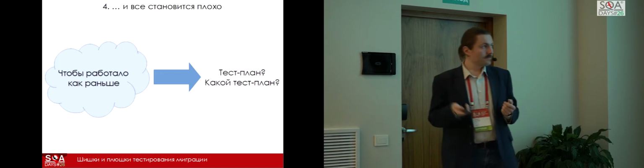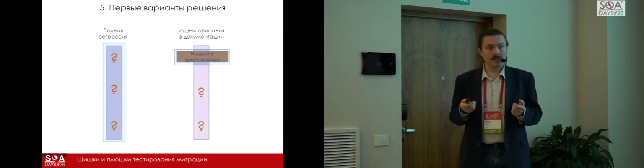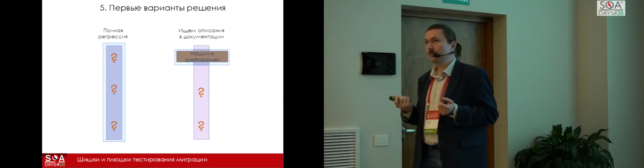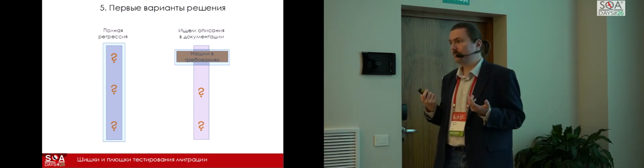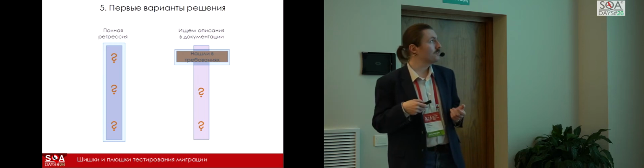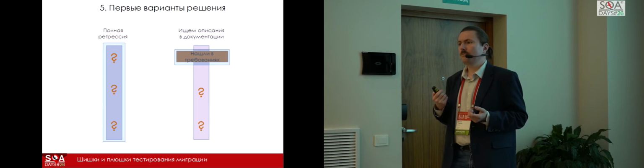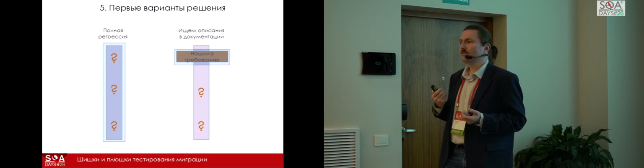How can we make testing based on this requirement? So we started to think about that, and there were some options, and some of the options were completely inadequate, because full regression would be a nice option, but maybe not. Does some of you use full regression? Okay.